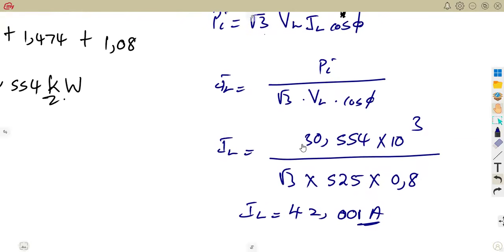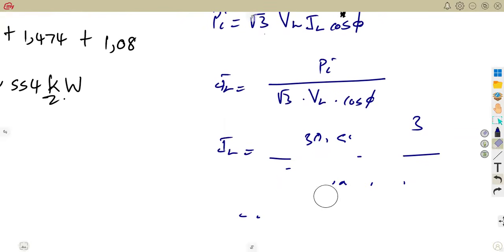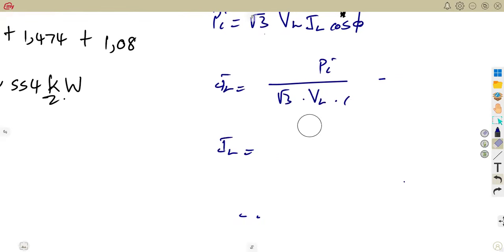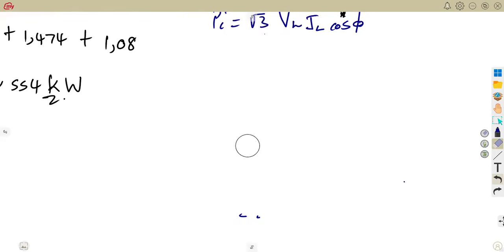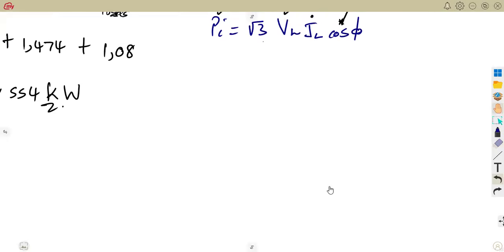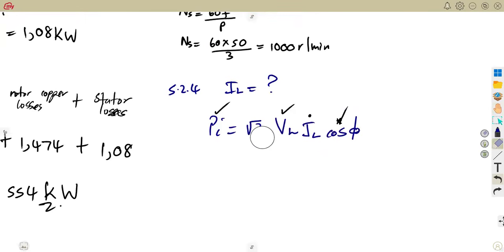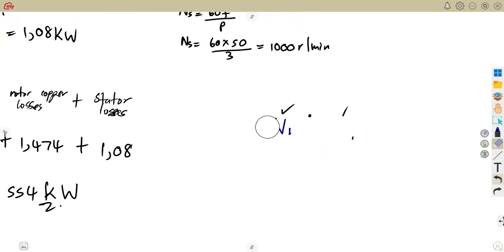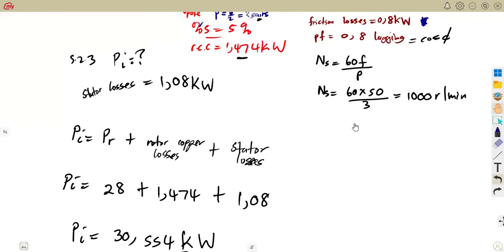It is still one and the same. So you could have calculated your current that way. So if you are dealing with the line values there, take note of the square root of 3. If they are phase values, you use what? You use the 3 as it is without a square root.